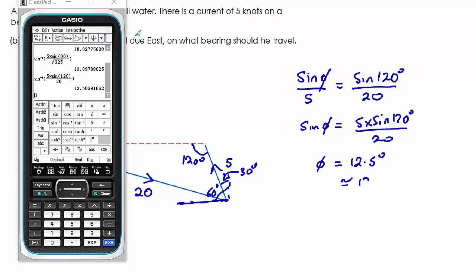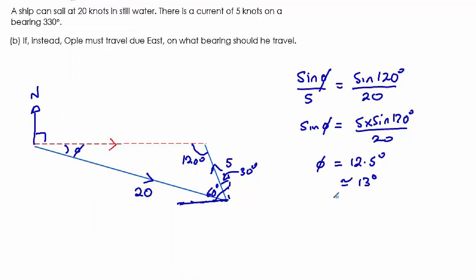So just because we give the bearings to the nearest whole number, we'll call that 13, and so the bearing would be 90 plus that, so 103 degrees.